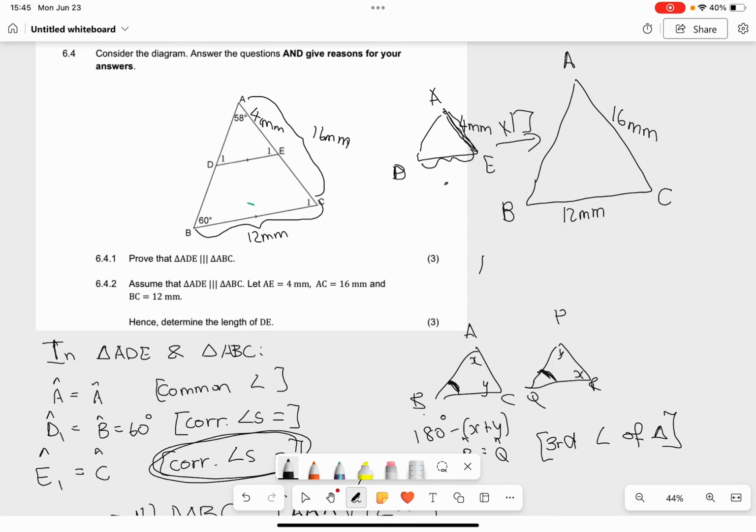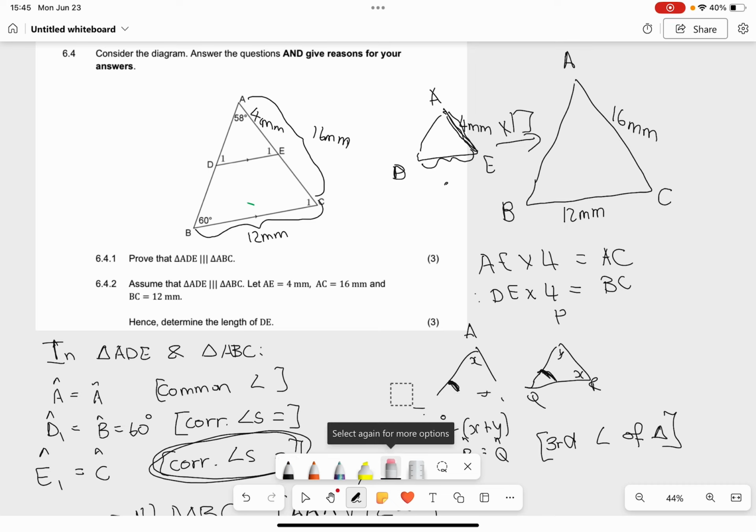We can say if I take AE and multiply it by 4, I'm going to get AC, right? Which means if I take DE and multiply it by 4, I'm going to end up with BC.